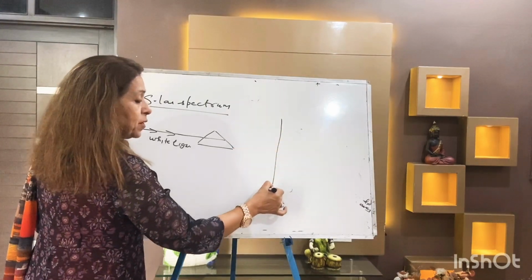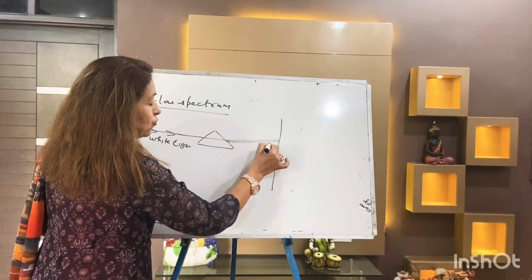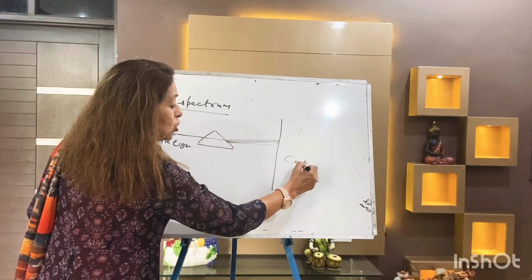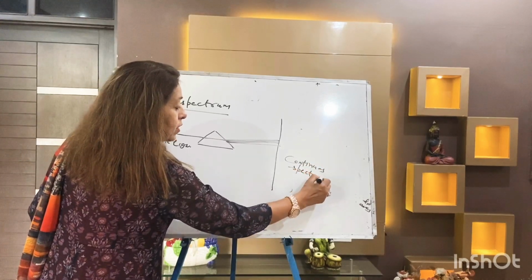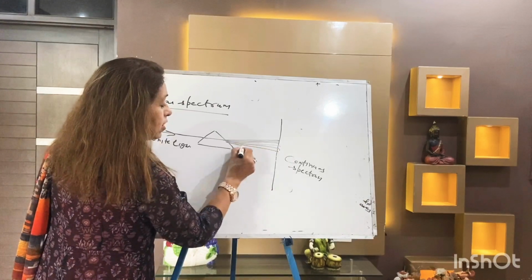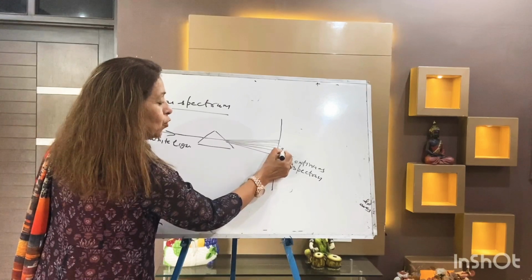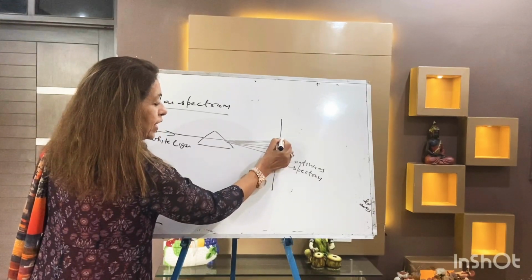This is your photographic plate. The results are taken on the photographic plate, and you will say continuous spectrum. Please write continuous spectrum. There is no gap between the colors. A continuous spectrum is obtained, dispersed into 7 colors: violet, indigo, blue, green, yellow, orange and red.